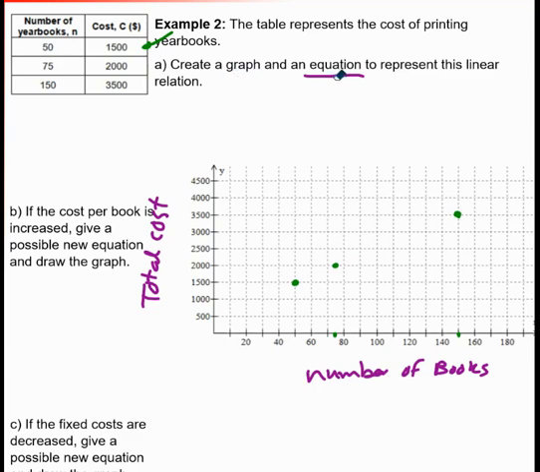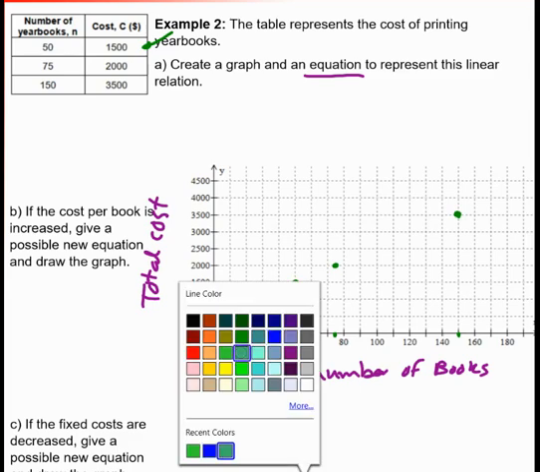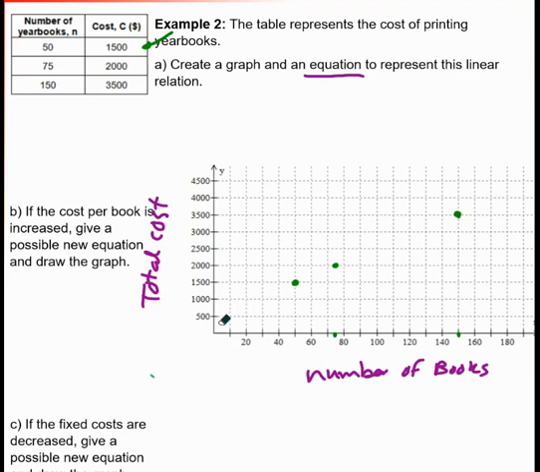All right. So we can't make the equation yet. We can make the graph. The equation will help to know where this goes. So trust your points because it didn't tell us anything about 0 books costing $0. So trust the line.